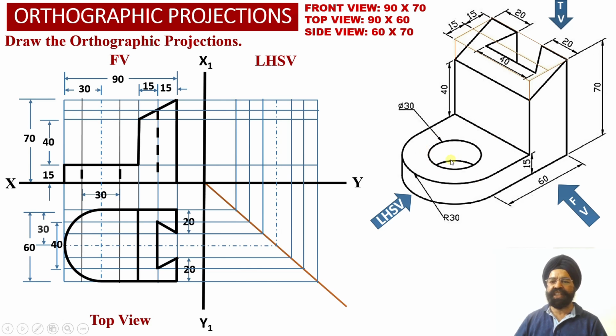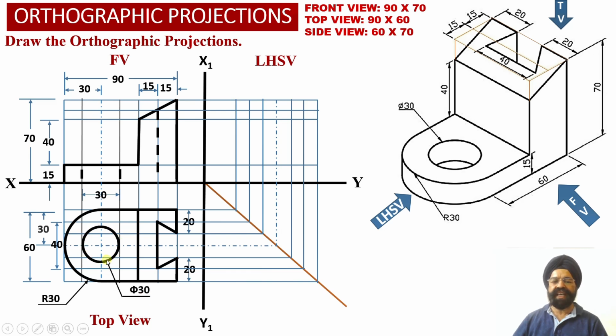And besides this, we also know that through the center point we should be able to obtain a circular hole having diameter equal to 30 millimeter. So here the center point has already been obtained. So through this center point we have obtained a circular hole having diameter equal to 30 millimeter over here.